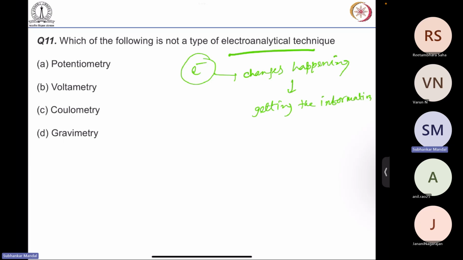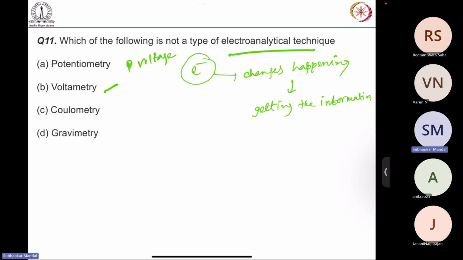In potentiometry, we are measuring the potential, the voltage. When you transfer the electron, you get a voltage, which you measure with respect to a reference electrode. Voltammetry is also a potentiometric technique, where we get the potential due to the transfer of electrons. Coulometry measures the charge, so that is also an electroanalytical technique.